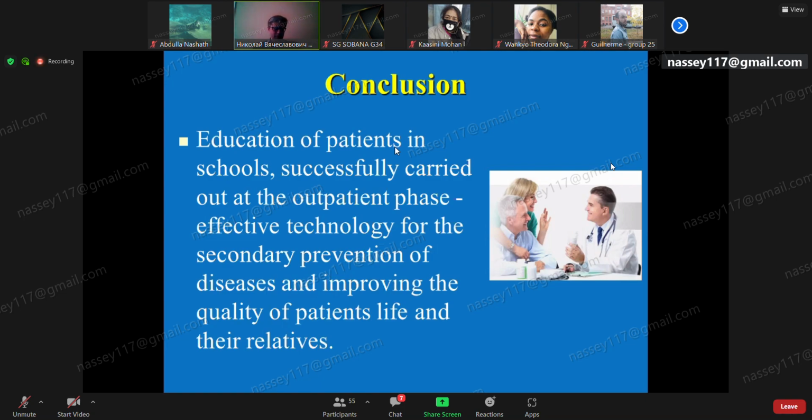I hope that in your future medical practice you will organize these schools at least for your friends, for your relatives, or maybe for patients too.